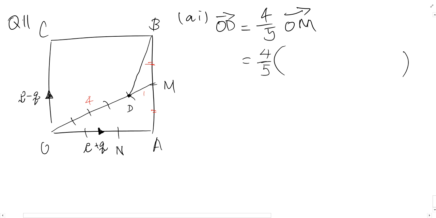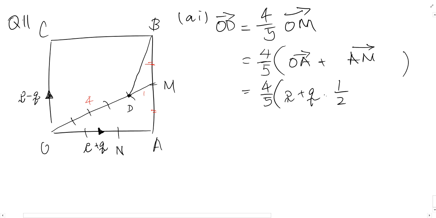OM. Okay, hang on. OA plus AM. Okay, good. Now, 4/5 OA. Do we know that already? Yeah, it is P plus Q. Then now I've got to deal with AM. How much is AM? Half of OC, right?